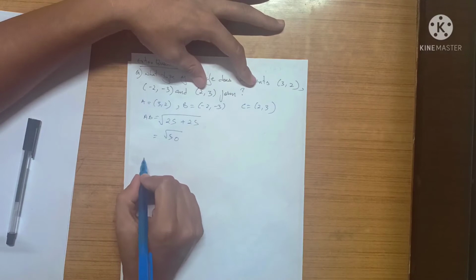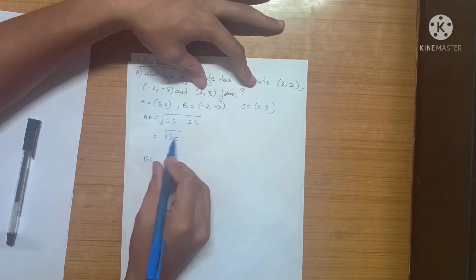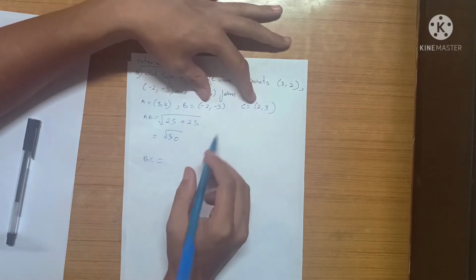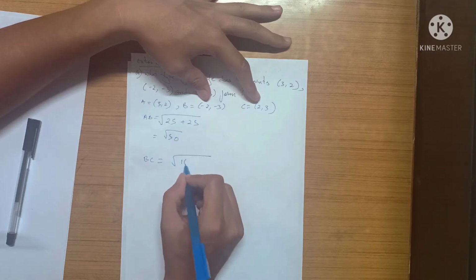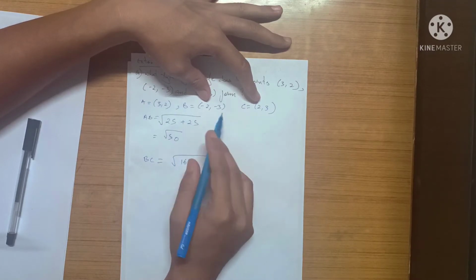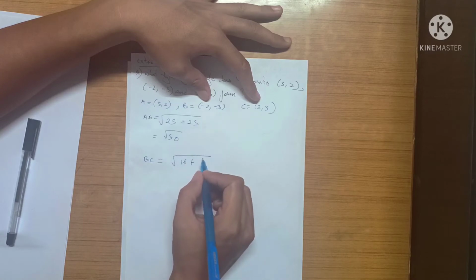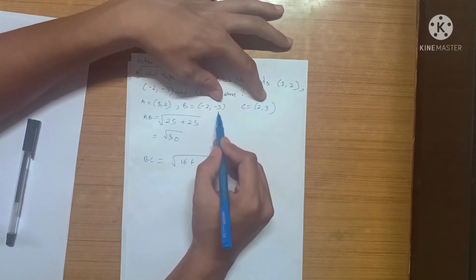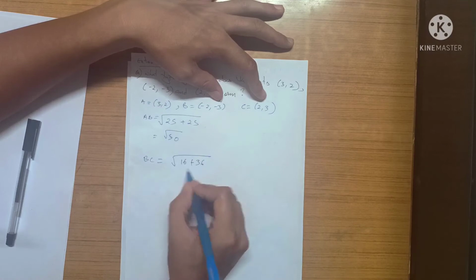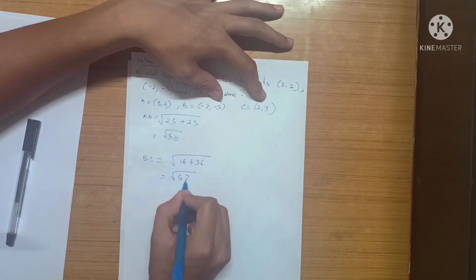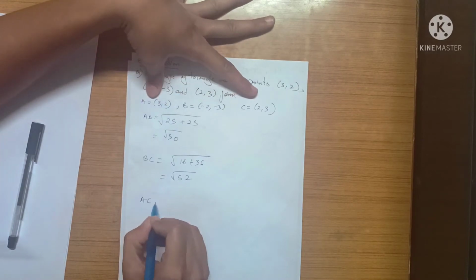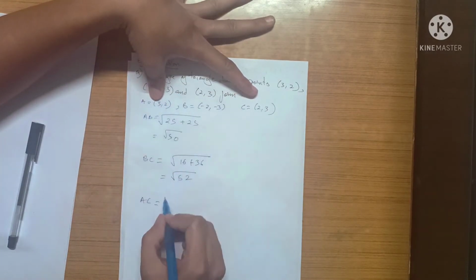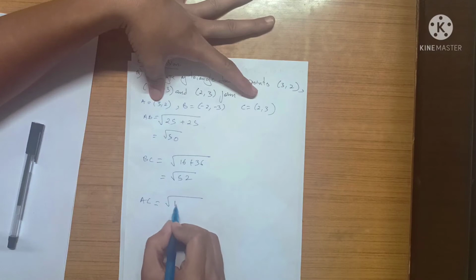Now let's try BC. We can literally simplify this also, but let's wait. Minus 2 minus 2 is minus 4, 4 square is 16. Minus 3 minus 3 is minus 6, 6 square is 36. So root 52. And then AC. 3 minus 2 is 1, so 1 square is 1 only.